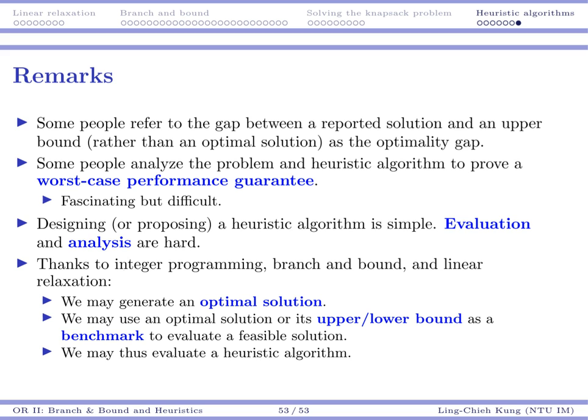Only if you have integer programming, only if you are able to find an optimal solution, then you may evaluate how good your algorithm is, right? By having a benchmark. Or if an optimal solution is unable to be obtained, you have its upper bound or lower bound. How to do that?